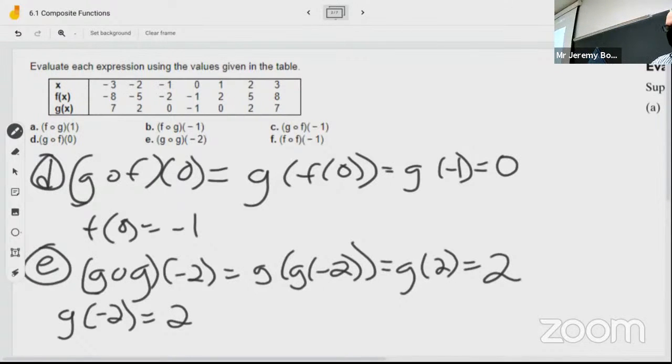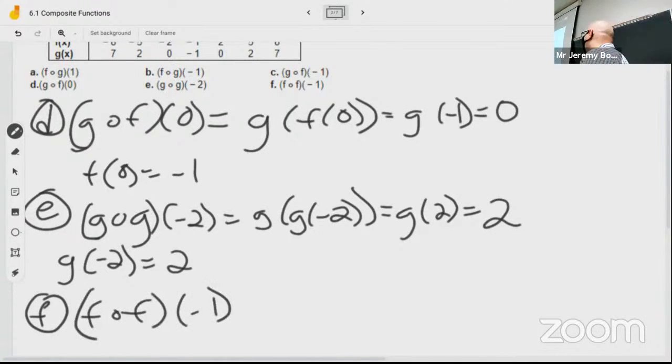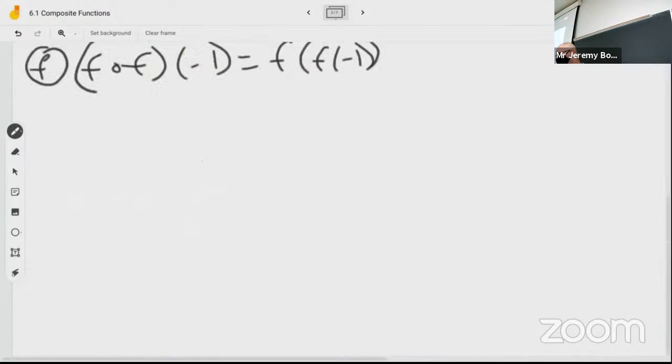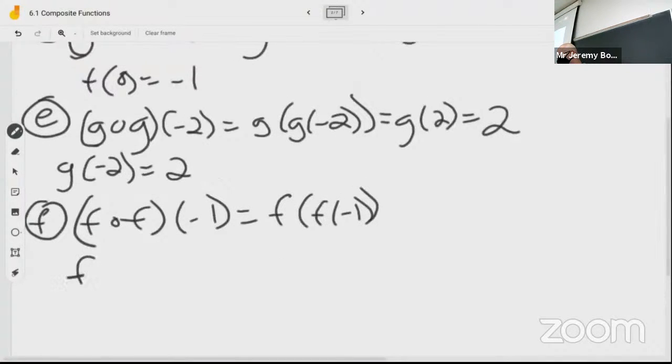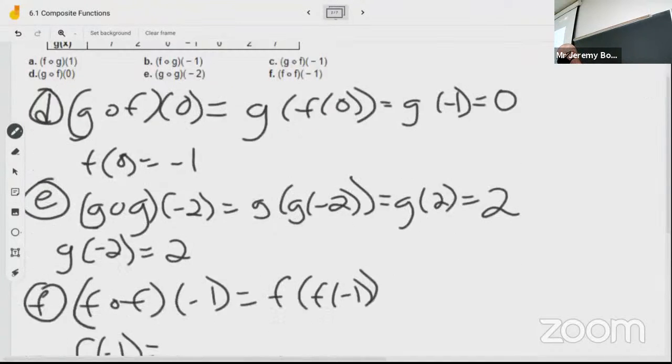And the last one, F, which appropriately we're doing F composed with F of negative 1. Let's rewrite it first: F of F of negative 1. So we do F of negative 1 first, which gives us negative 2.